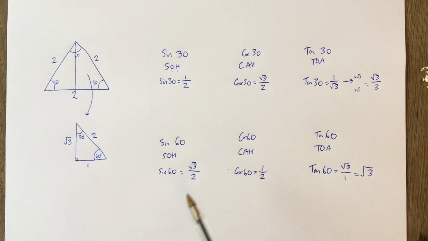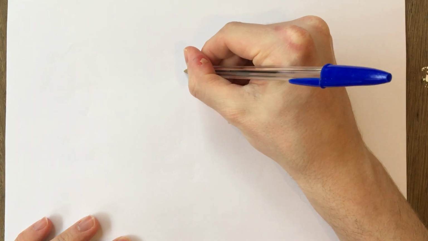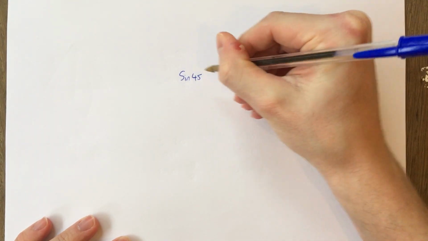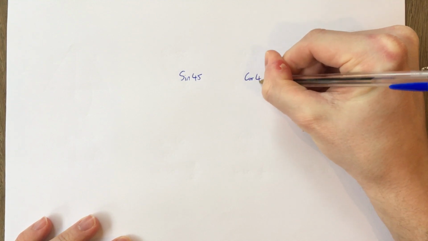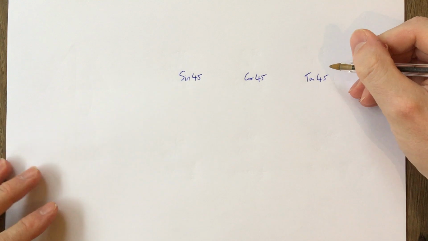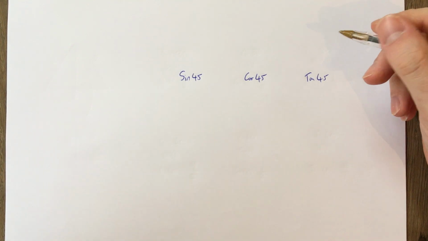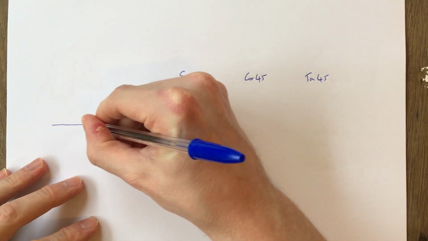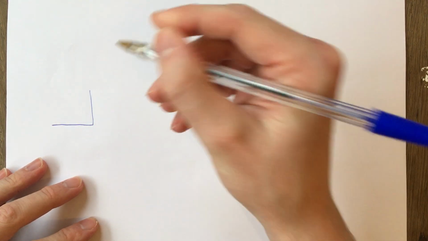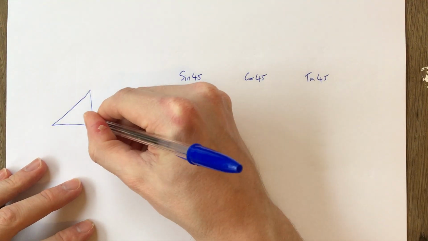all using the triangle. Now, we have another triangle as well, because we also want to know what sin 45 is, what cos 45 is, and what tan 45 is. Okay, so to do that, we've got to compile a 45-degree triangle. So I want us to imagine here that we've got an isosceles right-angled triangle.